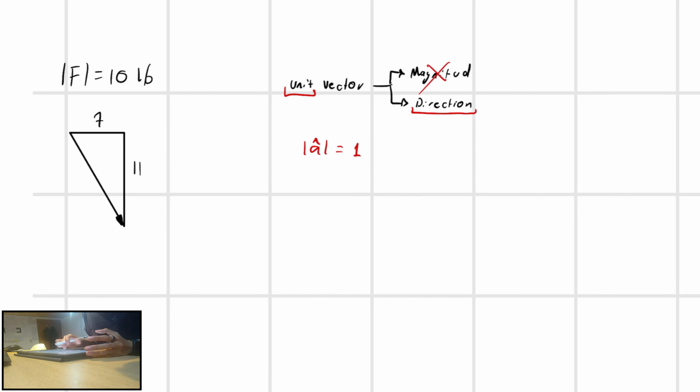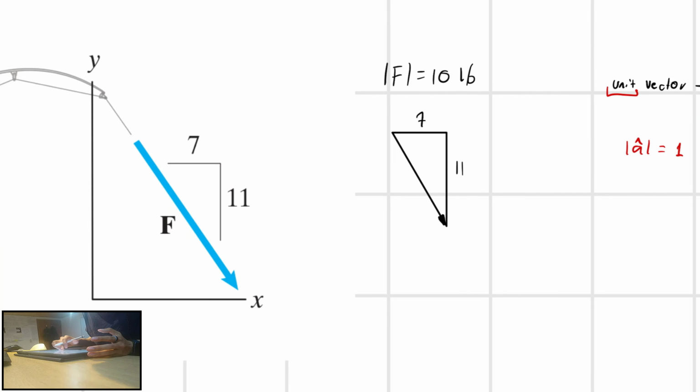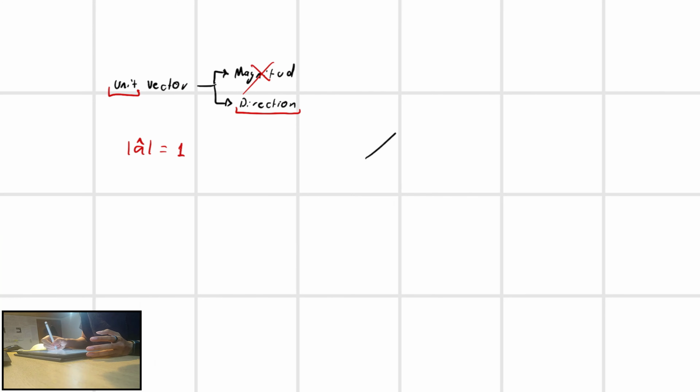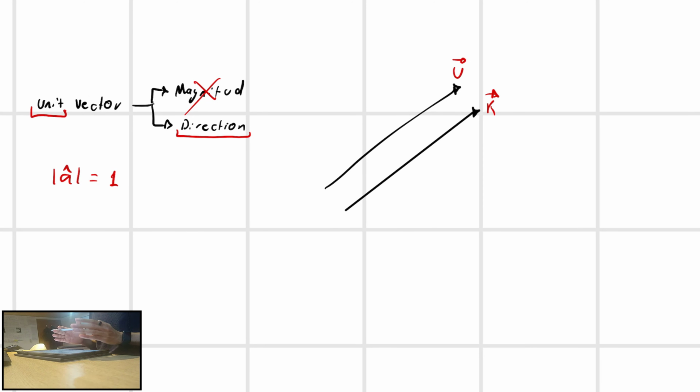The second thing is the reason why I want it to be pointing in the same direction as F. For example, if you have two vectors, the vector u and the vector k, and both of them are parallel to each other, that means that we do not have any angle between them. The unit vector of both of them is going to be the same. That means that the unit vector of u is equal to the unit vector of k.